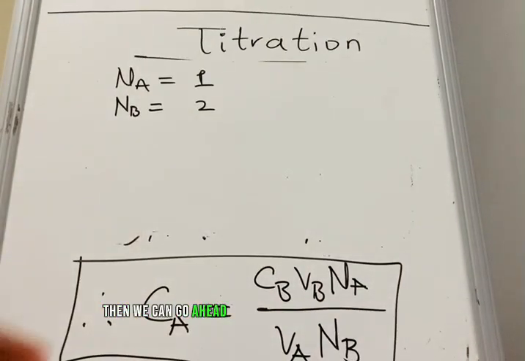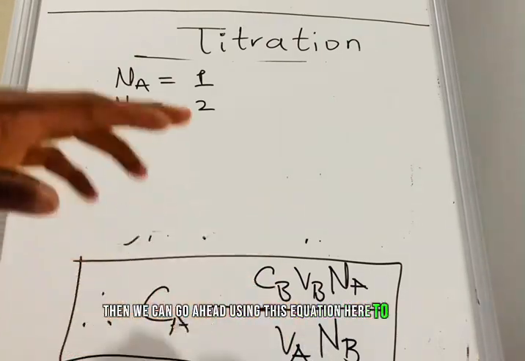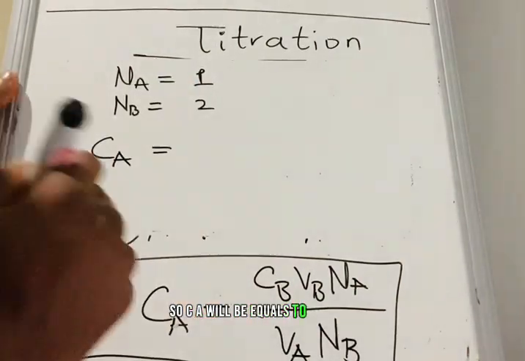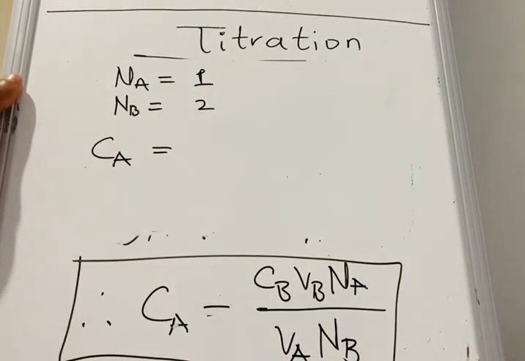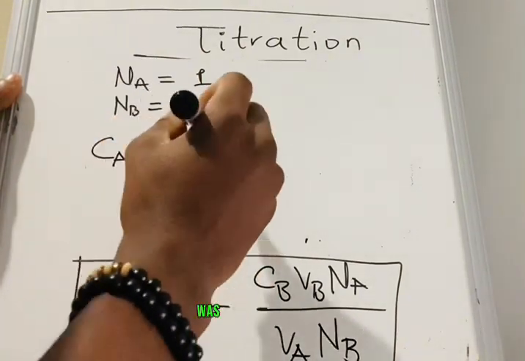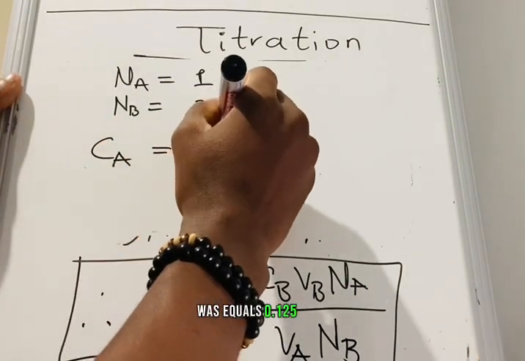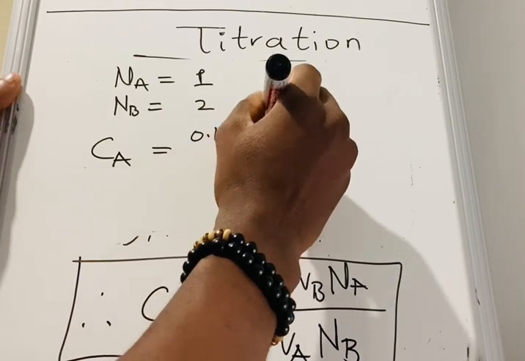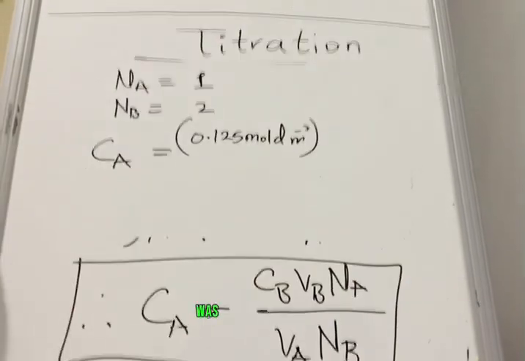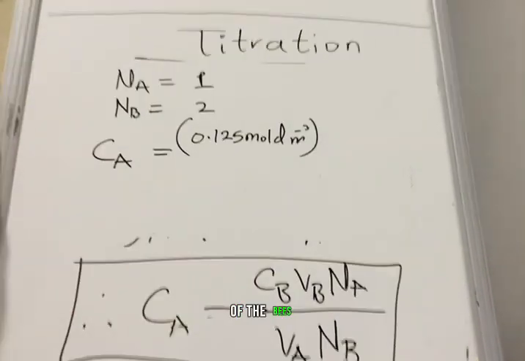Then we can go ahead using this equation to solve. CA will be equal to CB. Earlier in the problem, the concentration of the base was 0.125 mole per dm³. This was the concentration of the base.